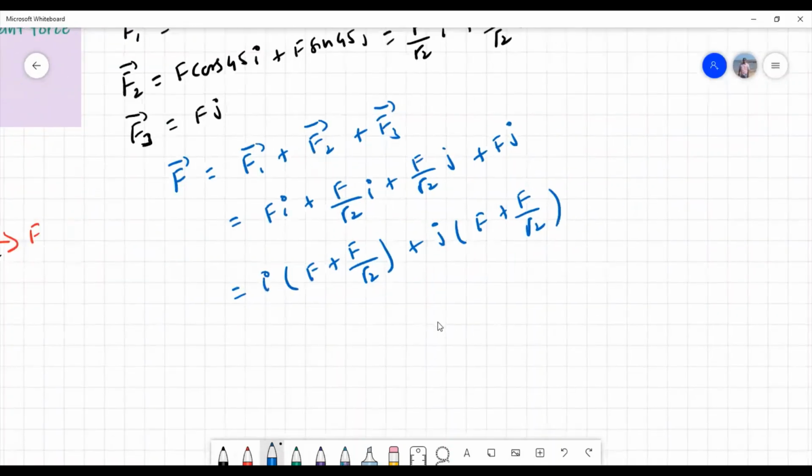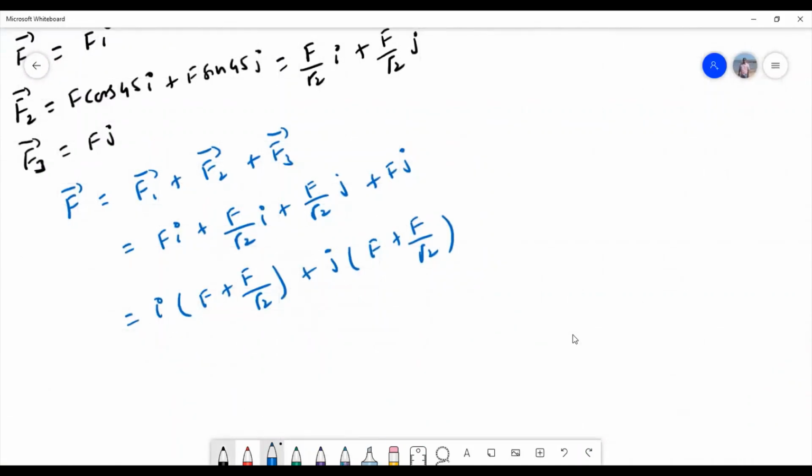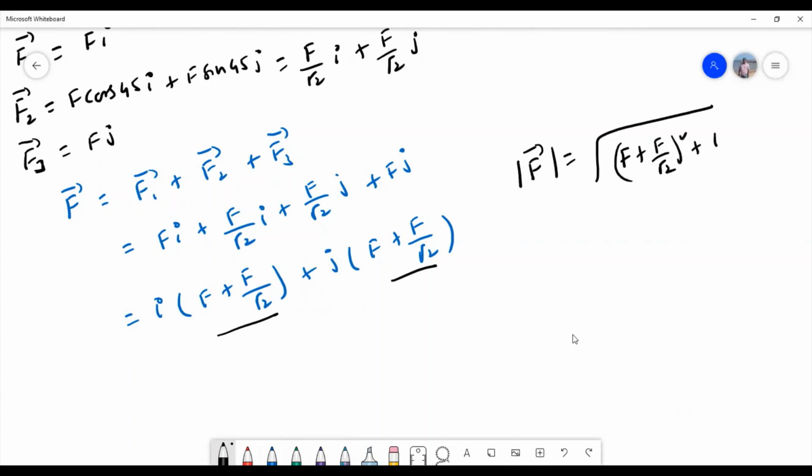So overall, if I want to find the net magnitude of the force, the magnitude of this force is the square root of the square of this plus the square of this. Both are like terms only. Or I can say that it is actually the square root of F plus F by root 2 whole square, plus F plus F by root 2 whole square.